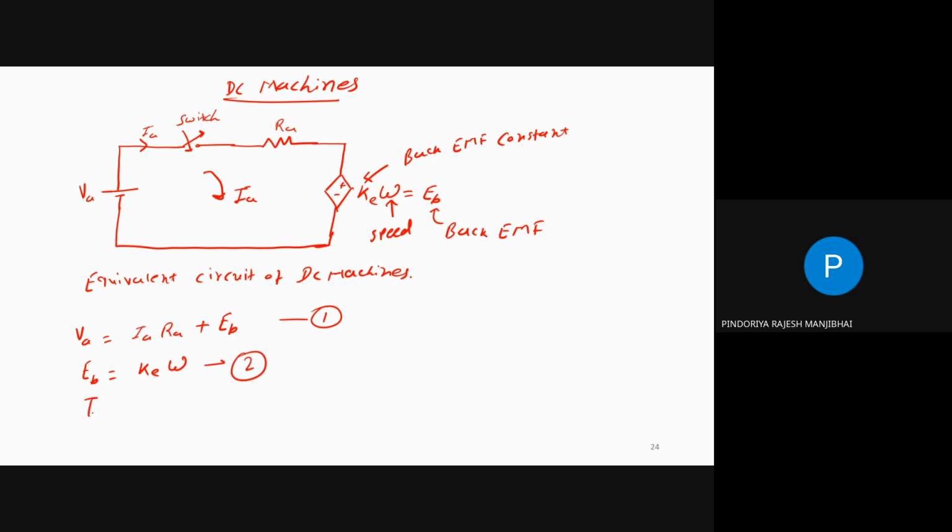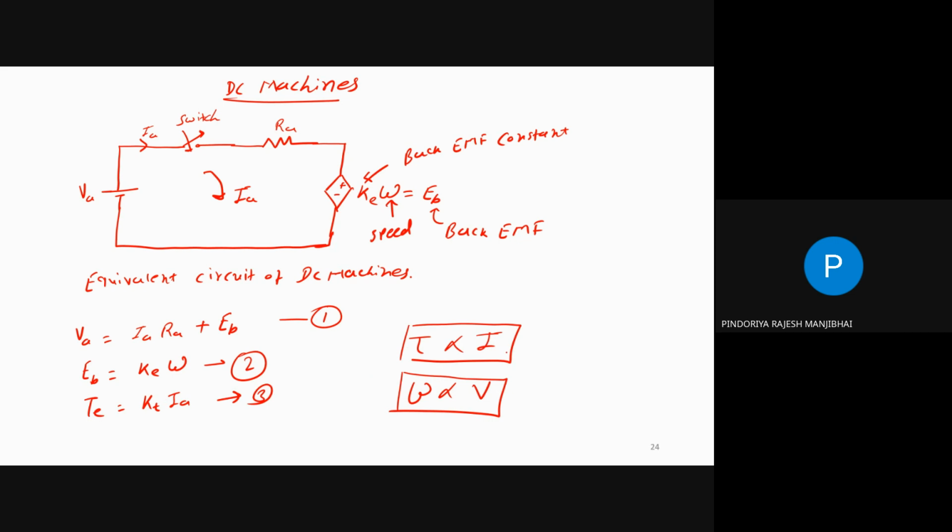And what about torque? The electromagnetic torque is nothing but your power, correct? So we can say KT into IA, equation number 3, correct? So we can say torque is directly proportional to the current, and speed is directly proportional to the voltage.